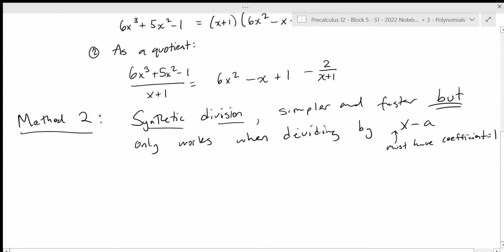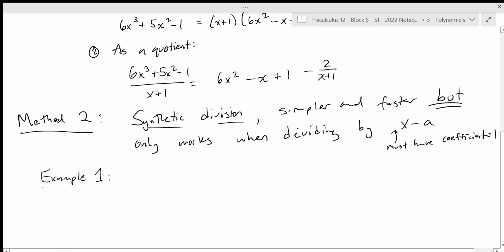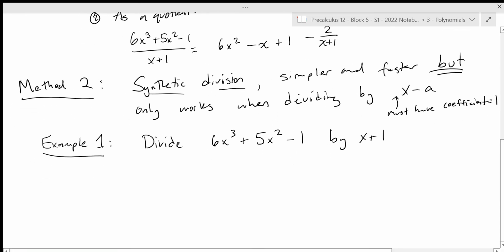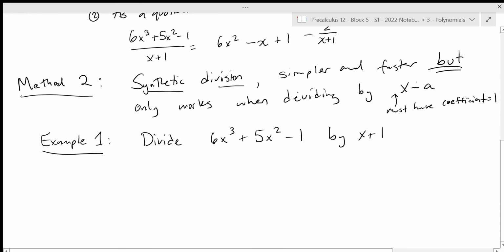So example 1 here, we're going to just use the same division that we used before. We're going to divide 6x cubed plus 5x squared minus 1 by x plus 1. Same division problem.